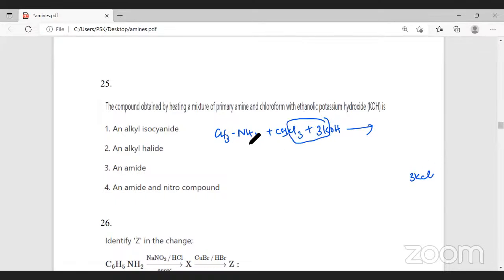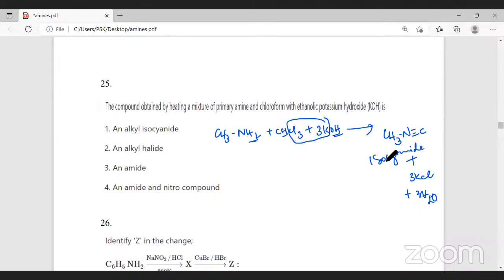The 3 hydrogens will react with 3OH to give 3H2O. The product we have is CH3 single bond N, and you have a C. So this is called methyl isocyanide.